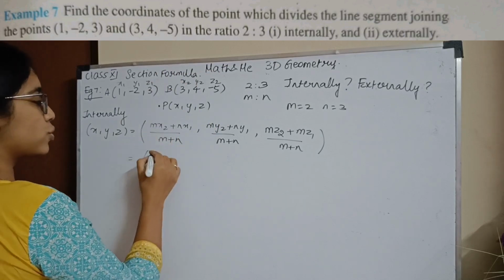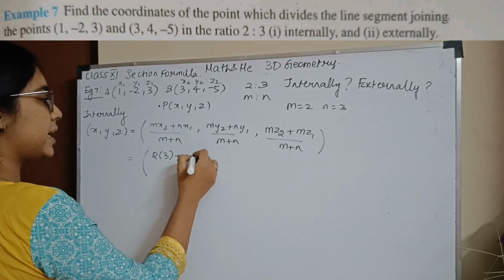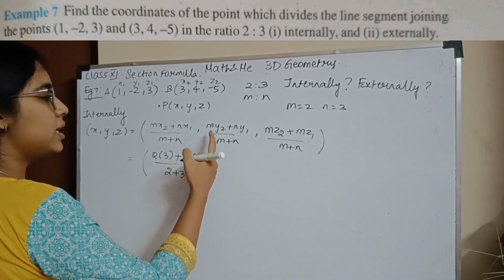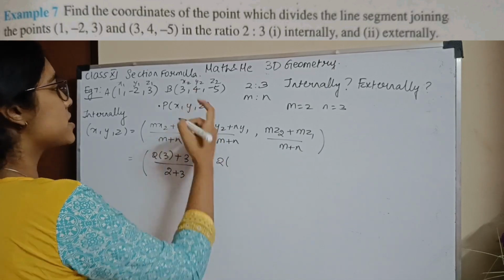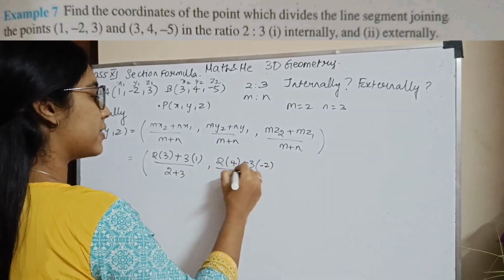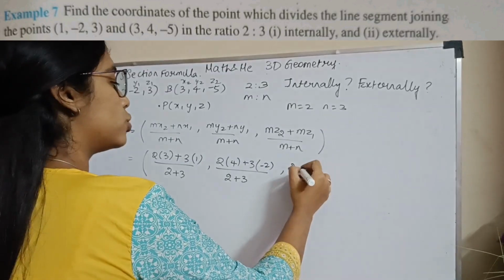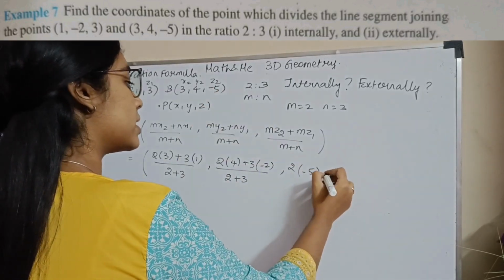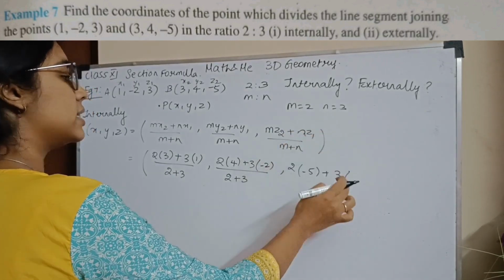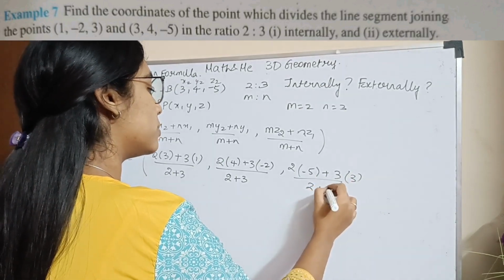So m x2 will be 2 times 3 plus 3 times x1, divided by m plus n, which is 2 plus 3, comma 2 times 4 plus 3 times y1, which is minus 2, divided by 2 plus 3, comma 2 times minus 5 plus 3 times 3, divided by 2 plus 3.